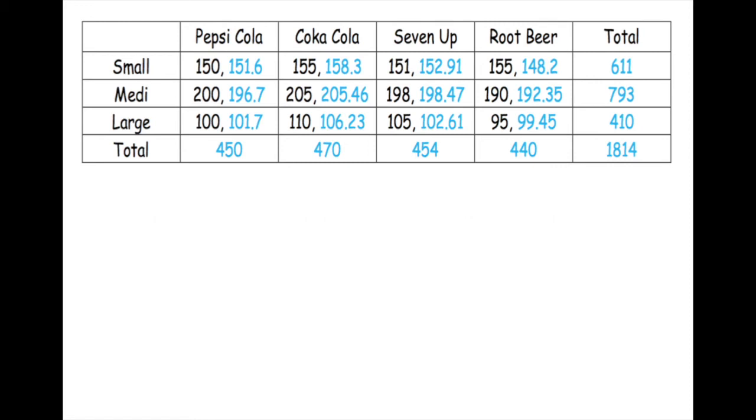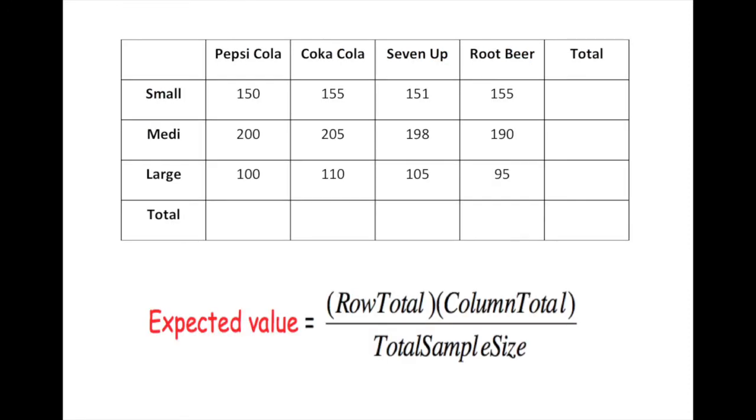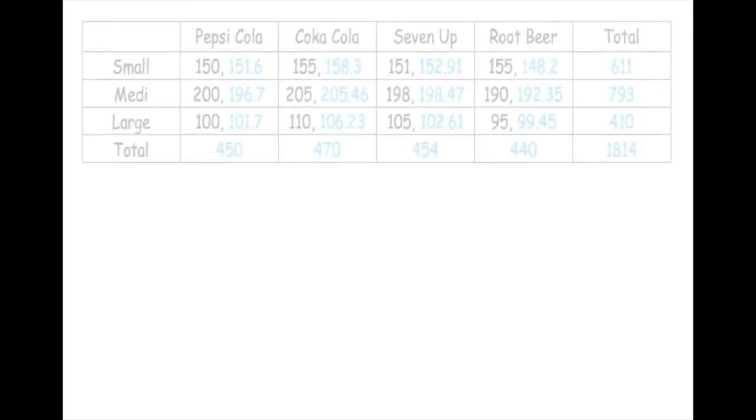Then we need to explain how we get this small blue number beside the black number. How do 151.6 and 158.3 come from? It's from the value we introduced before. Expected value is the row total times the column total divided by total sample size.